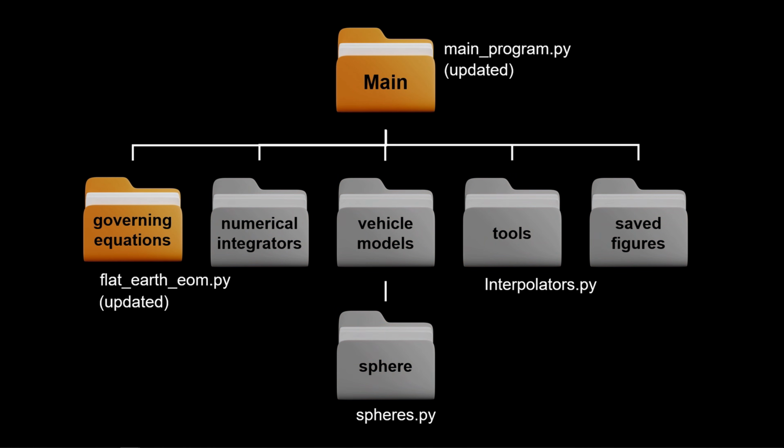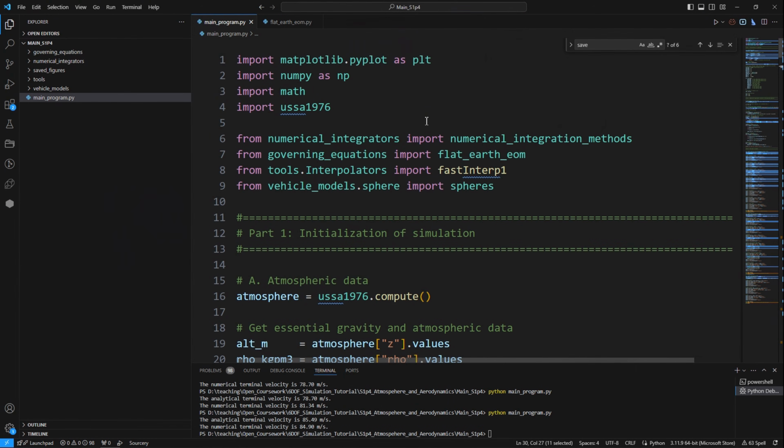Let's briefly review the main program driver and the flat earth equations of motion scripts where we've made the primary updates to the sim. Here we are in the main program driver of the simulation. Notice now we're importing the atmospheric package. We have an interpolation and a sphere script.